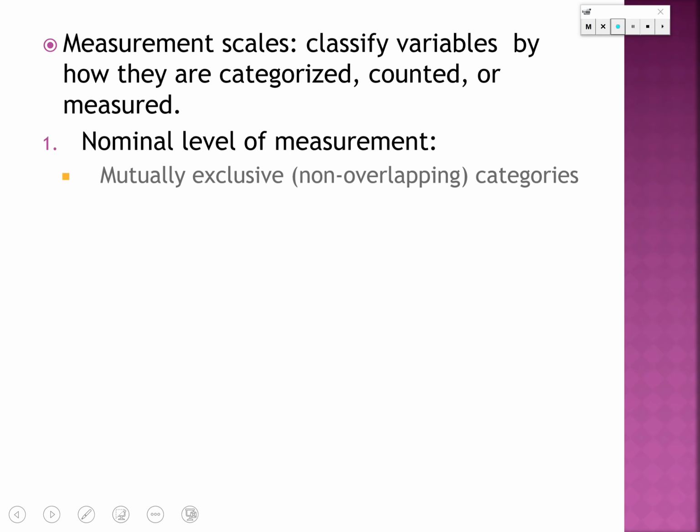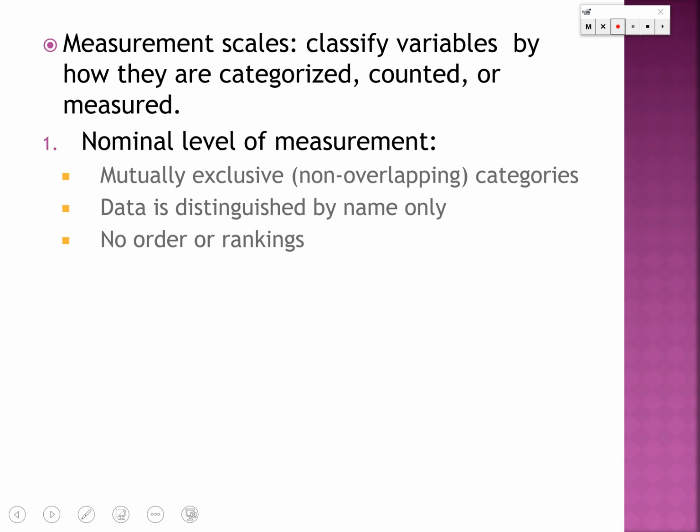It has mutually exclusive categories, which means they don't overlap. The data in this level of measurement is distinguished by name only. There's no order or rankings at all.